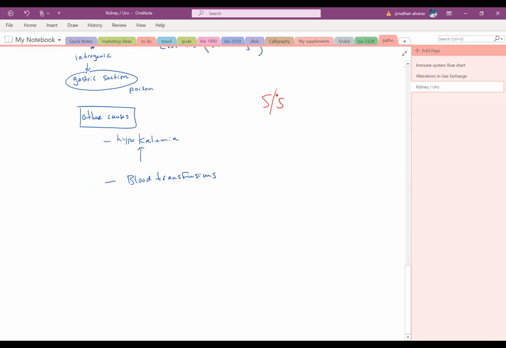All right, signs and symptoms. Shallow breathing, because of increased carbonic acid. Okay, so carbonic acid is a byproduct that's unique to the lungs.